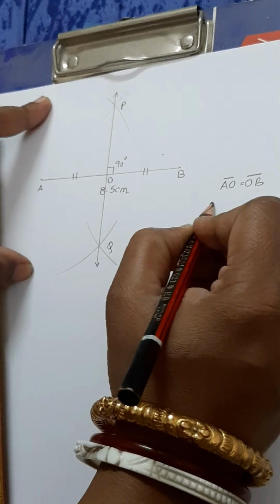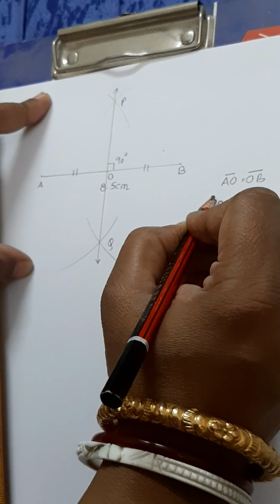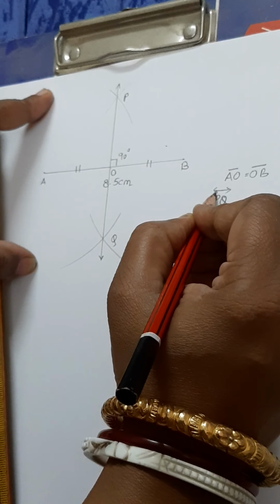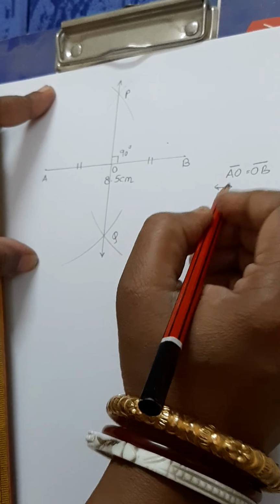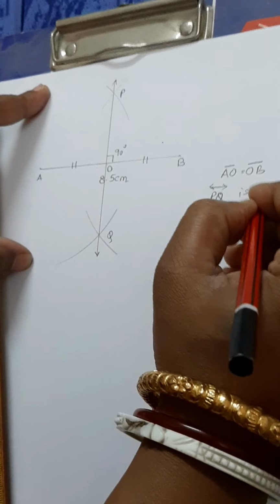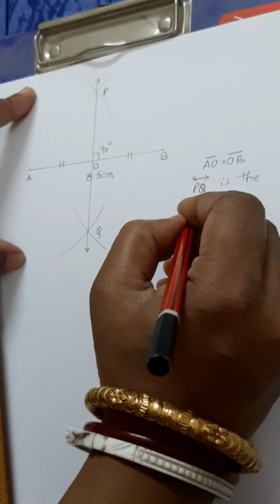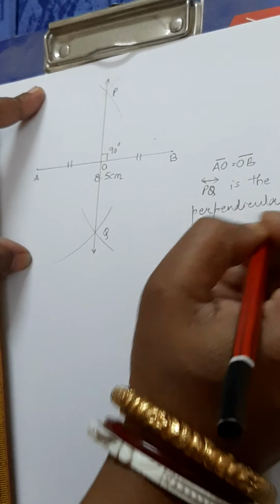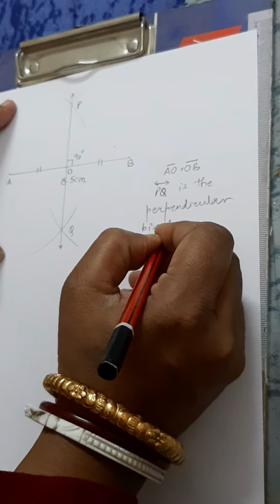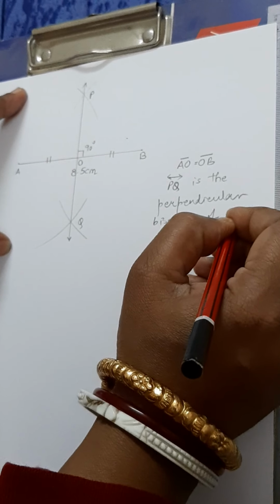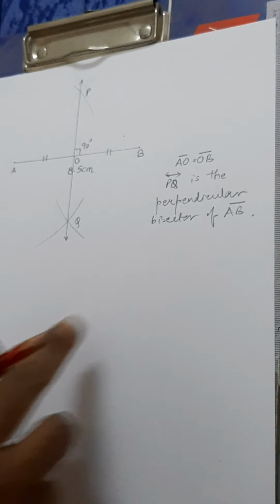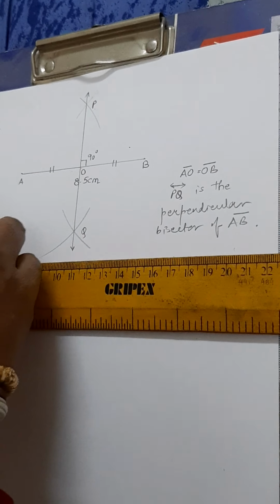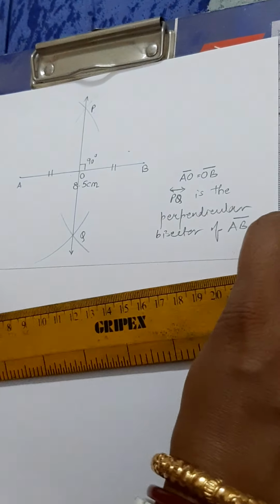So we will say PQ is the line, right? Therefore we will show this kind of symbol. It shows it's a line. So PQ is the perpendicular bisector of line AB. Okay, done. So we have done with the first question. Clear? Now let us see the second one.